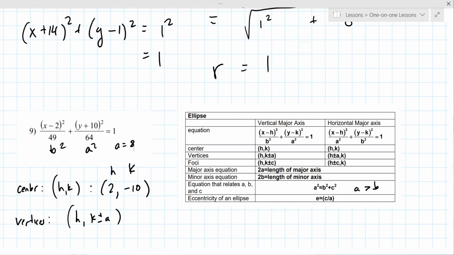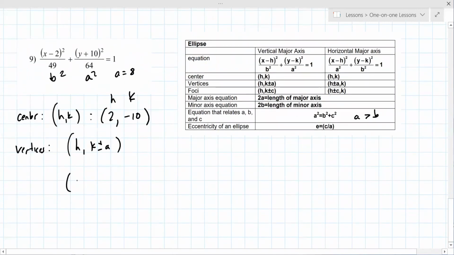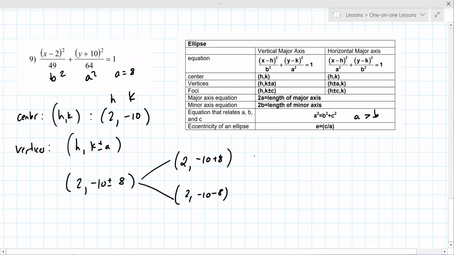I do. All right. So now the H is 2 comma and then K, negative 10, plus or minus 8. This results in 2 pairs. 2 comma negative 10 plus 8, 2 comma negative 10 minus 8. This becomes 2 comma negative 2 and 2 comma negative 18.